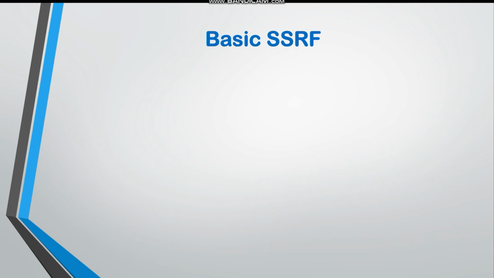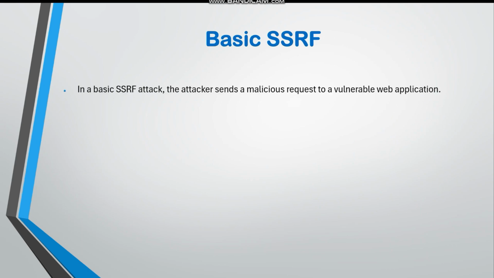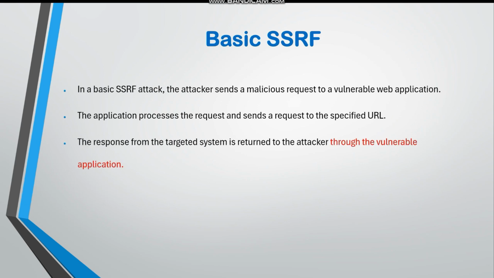First is basic SSRF. In basic SSRF, the attacker sends the malicious request to the vulnerable web application. That vulnerable web application sends the request to the target system or the target server. That target server sends the response to the attacker again through that vulnerable web application.